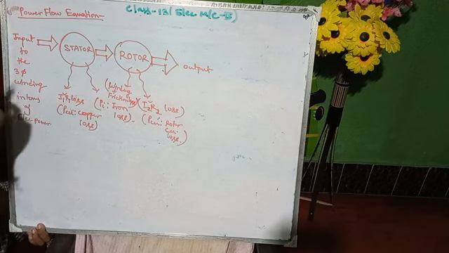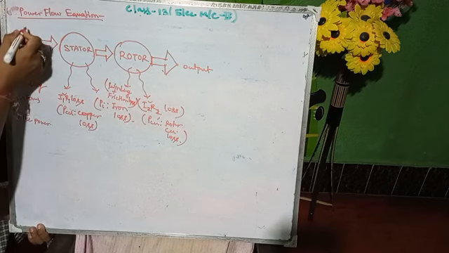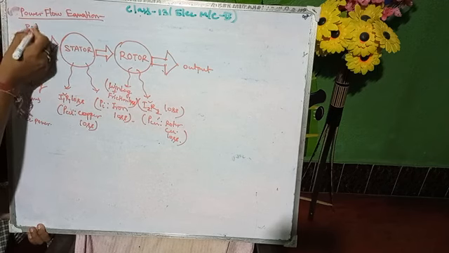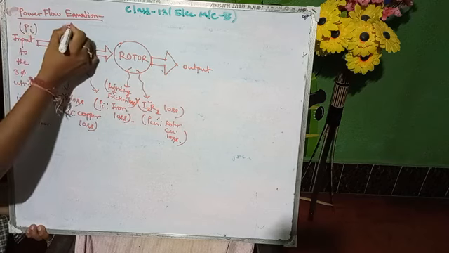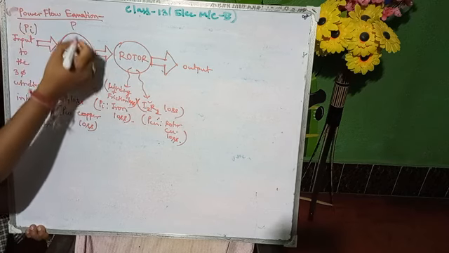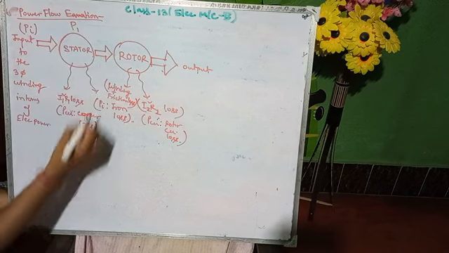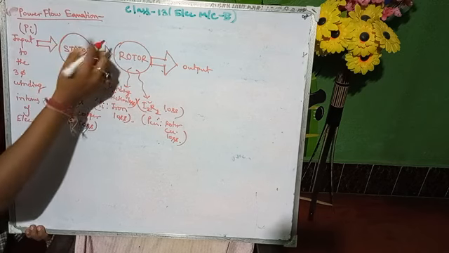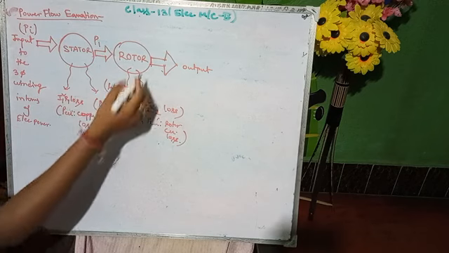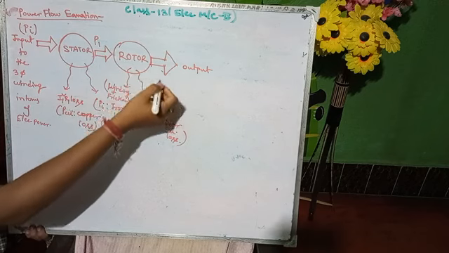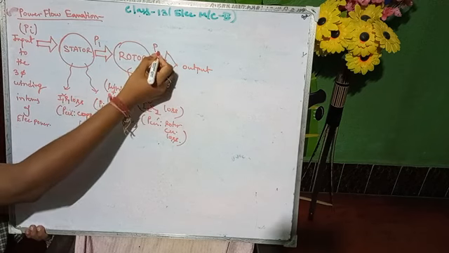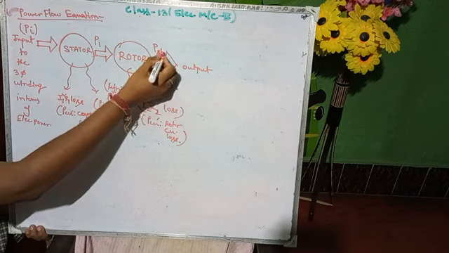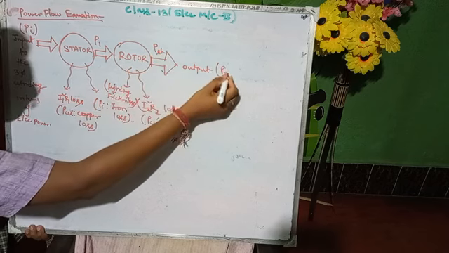The power coming into the input, let us consider PI, the input power, and the power after the stator output will be P1. After the rotor output it will be the shaft power PSH, or finally PM, the mechanical output.